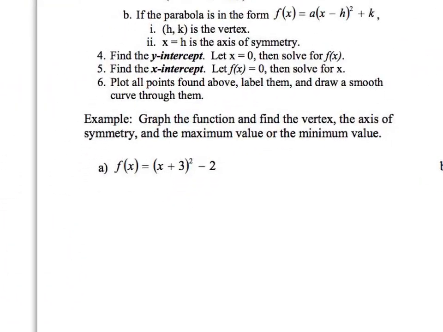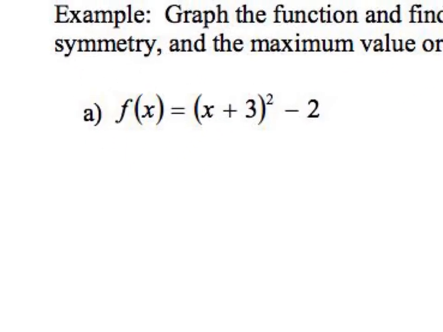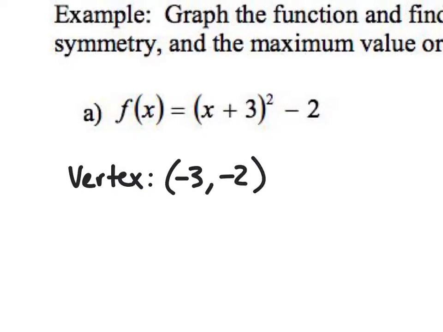On this part, it wants us to graph the function and find the vertex, the axis of symmetry, and the maximum or minimum value. Just off of this, I can identify my vertex. My vertex is simply -3, -2. The reason the x value is -3 is because it's opposite of this number here.